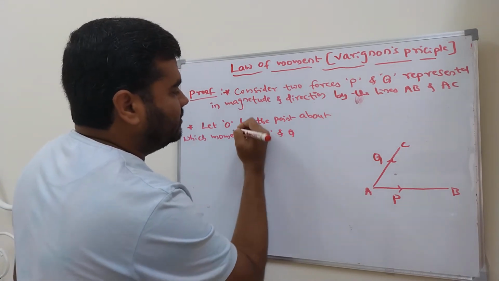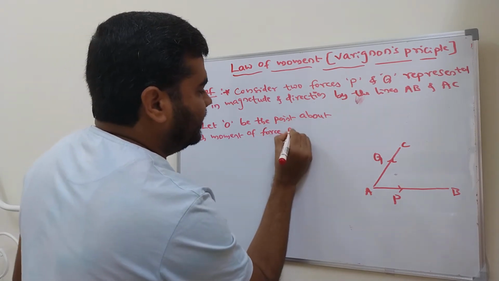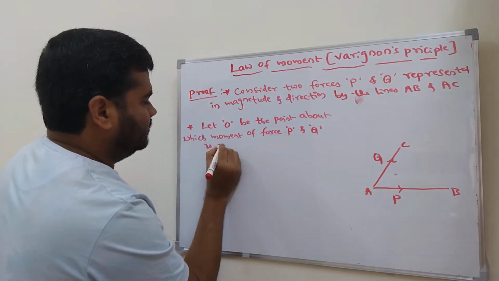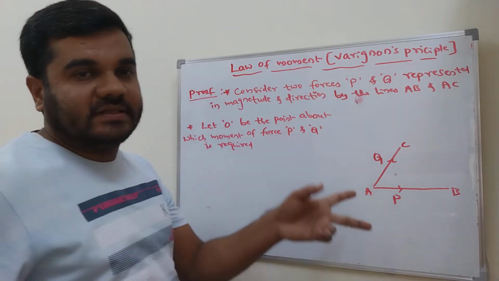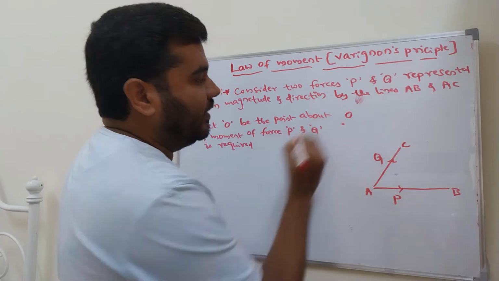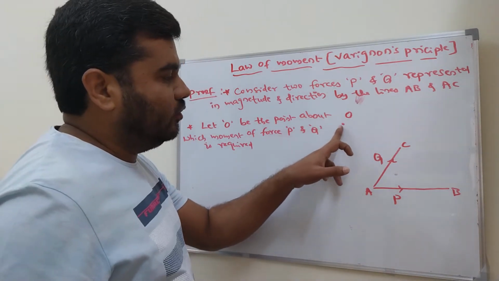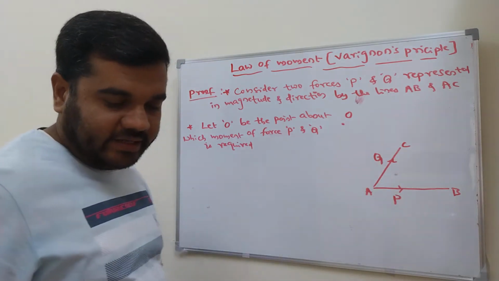There are two forces here, and somewhere let O be the point. This is the O point, about which the moment related to P and Q is required.